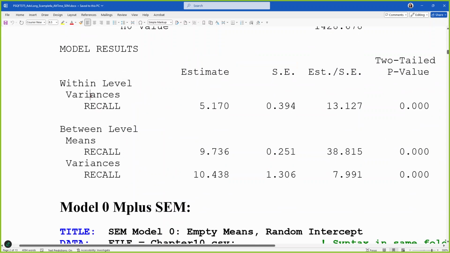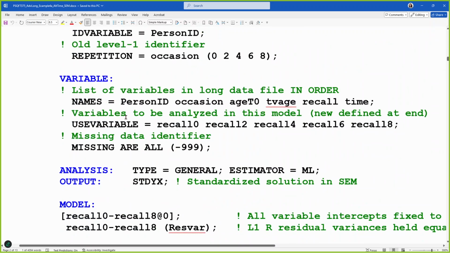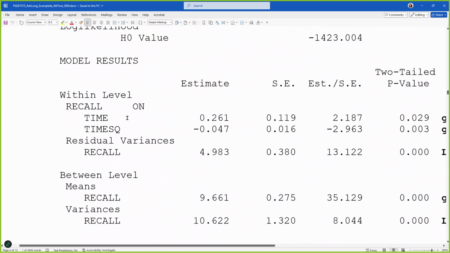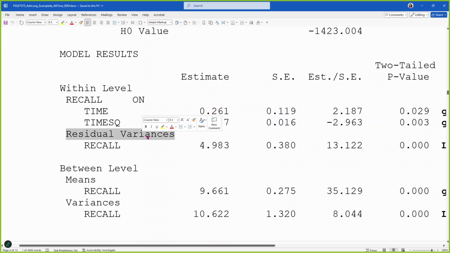So even though it's labeled as variance, I would call that level 1 residual variance specifically. Once it's predicted by time and time squared, it changes to be residual variance, meaning leftover. Residual of the residual, essentially.